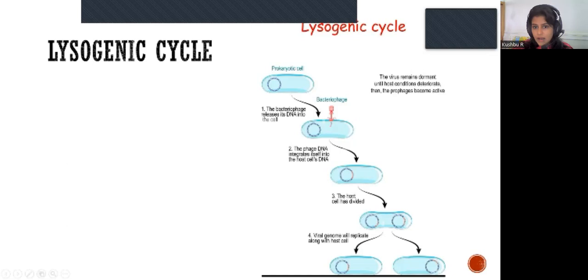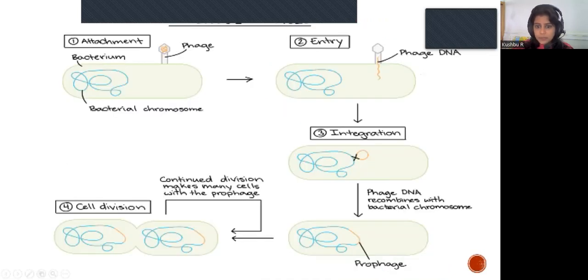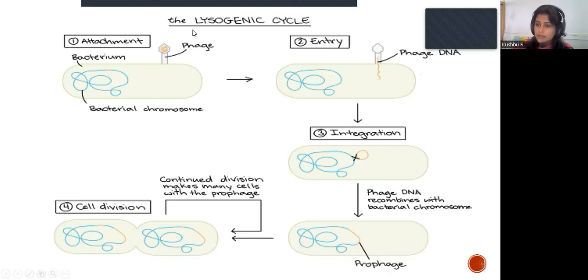This is the first half of your lysogenic cycle, where there is an attachment of your phage to the bacteria. The first step is called attachment. The second step is called entry, just like the lytic cycle. Then in the third stage, there is something called integration, which is not there in the lytic cycle.